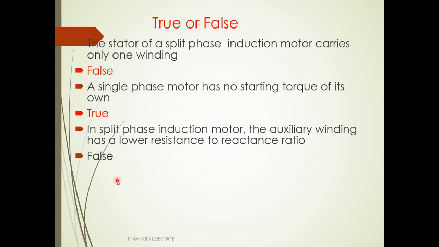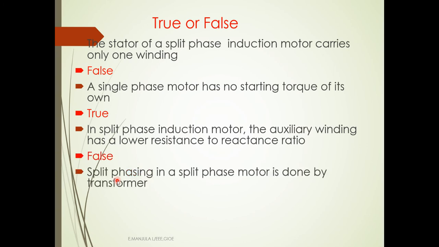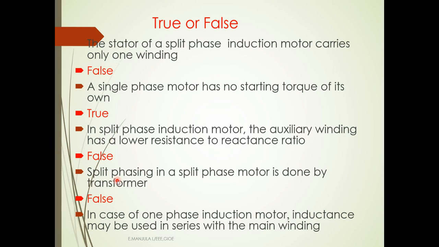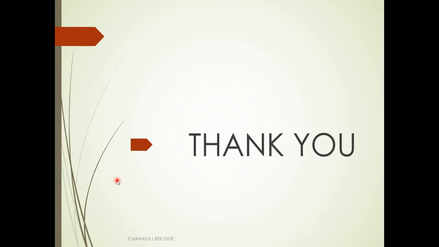False. It has high resistance. Split phasing in a split phase motor is done by a transformer? No. In a single phase induction motor, inductance may be used in series with the main winding? False.